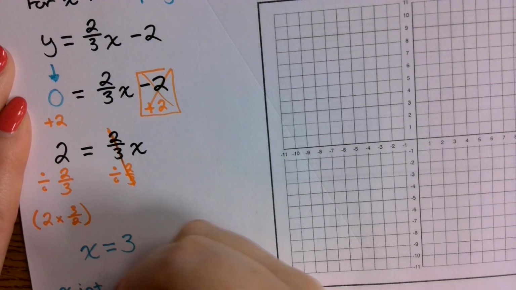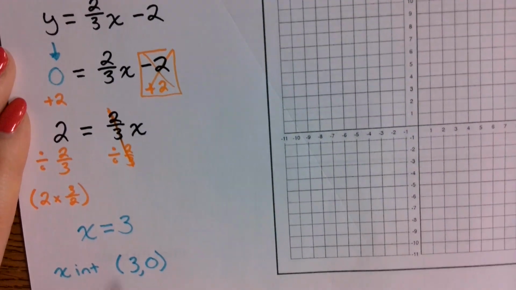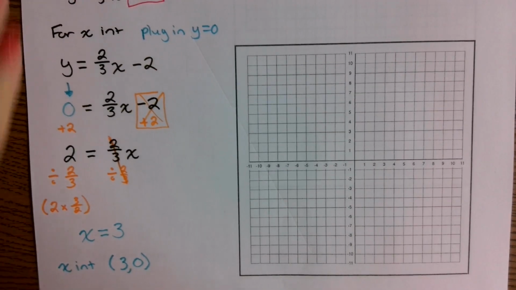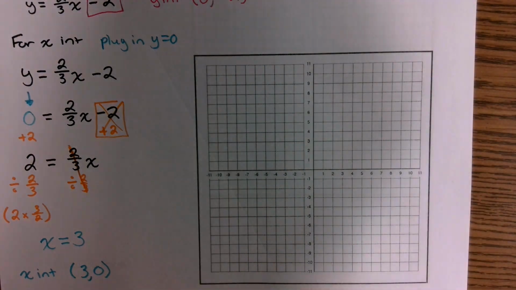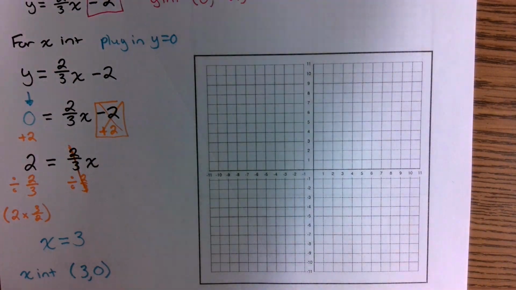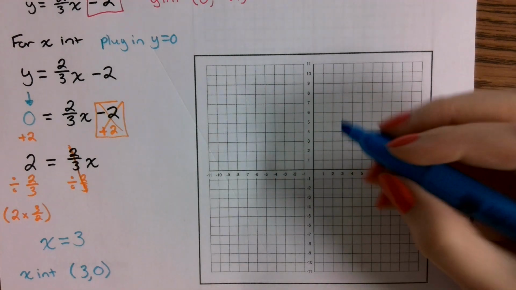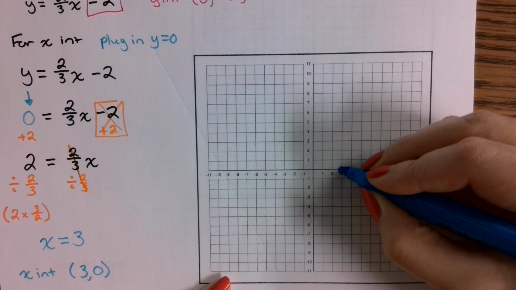So your x-intercept in this case is going to be 3, 0. It's at the point 3, 0. So you now know what your y-intercept is. Your y-intercept is at 0, -2. You know what your x-intercept is. It's at 3, 0. And you can just graph those 2 points. So if we graph it at 3, 0, it's going to be located right here.